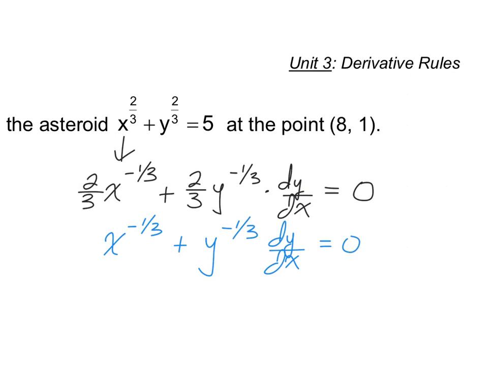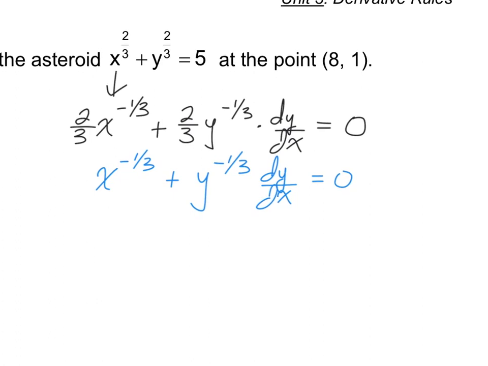My goal here is to solve for dy dx. Whether you do it now in terms of x and y or later after having subbed in the 81, that's up to you. Life can be easier if you do the substitution earlier on in the process because maybe something that looked intimidating algebraically will turn out to be not that bad.